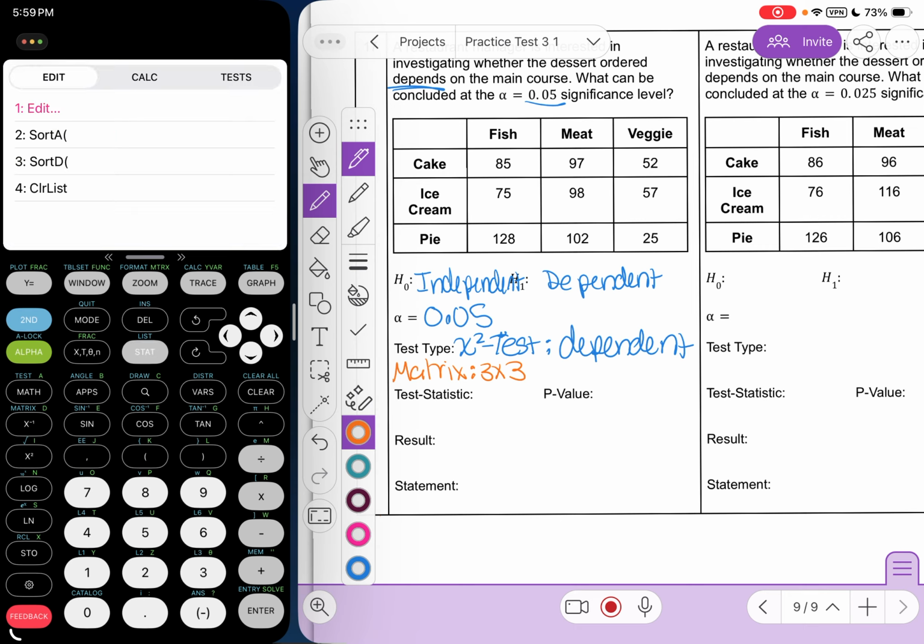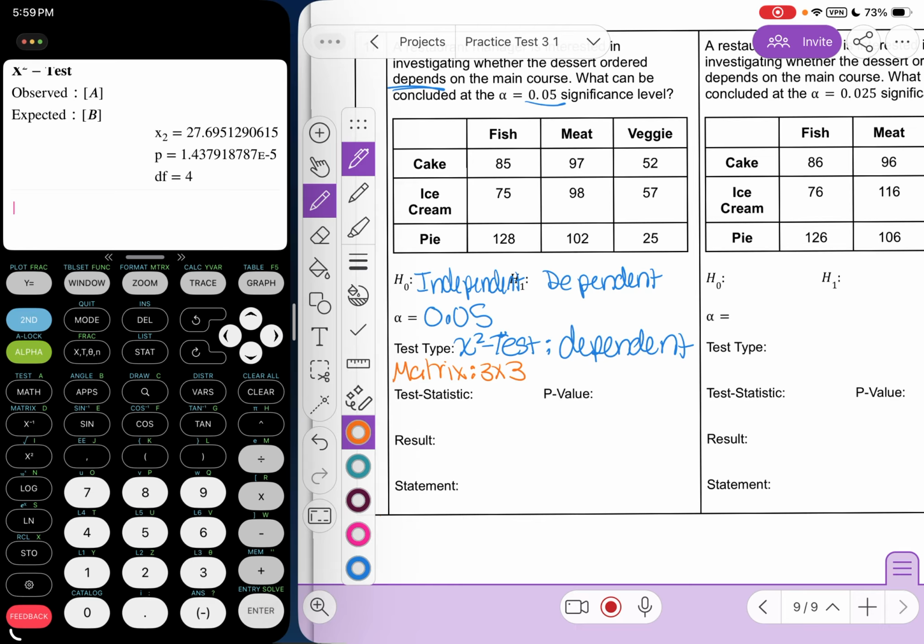Okay, and then I go to stat, test, chi-squared test, leave that all the same, and I get chi-squared is 27.695. P is 1.4, that's greater than 1, so P equals 0.